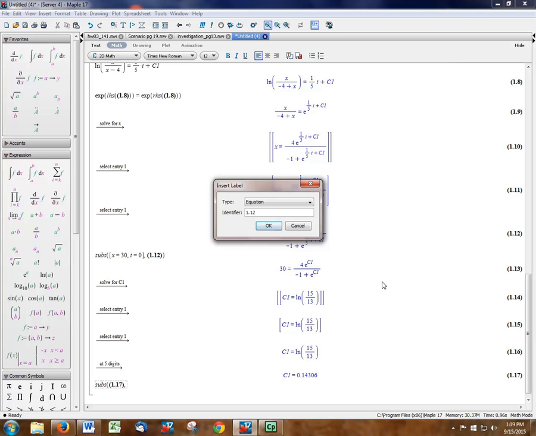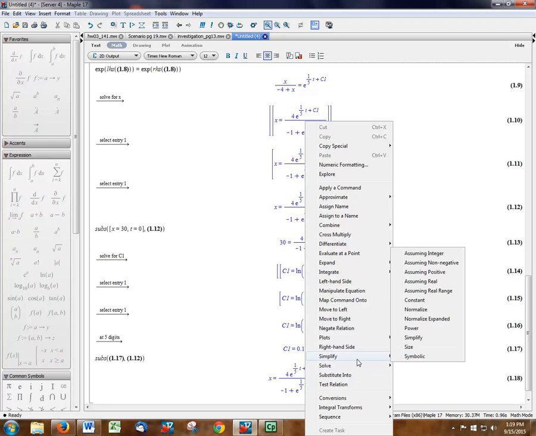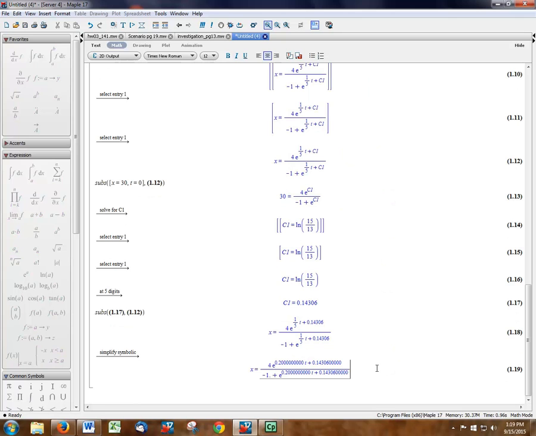And let's see, okay, so there's our solution. We probably could simplify this a little. So let's simplify symbolically. Oh yeah, it made it all decimal places. Well, that's our solution for our particular initial condition.